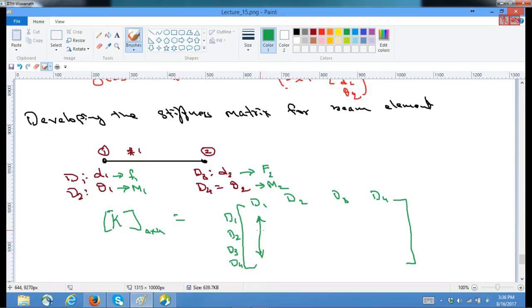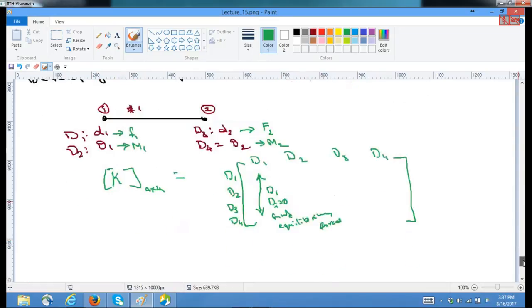To determine this vector, you just give D1 and give all other Dis equal to 0 and find the equilibrium forces. I will demonstrate how to do it for this given case. The same can be repeated for the other cases.